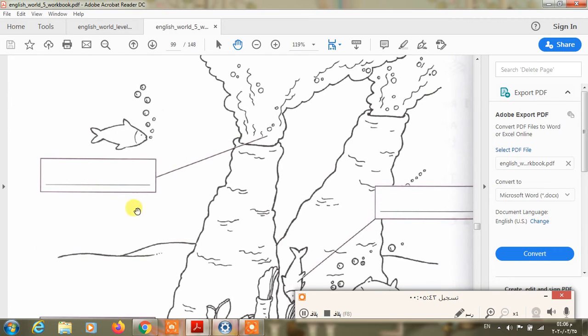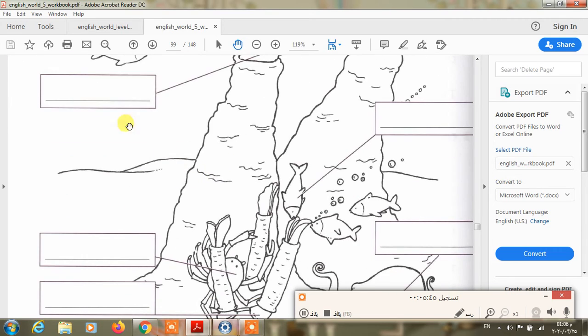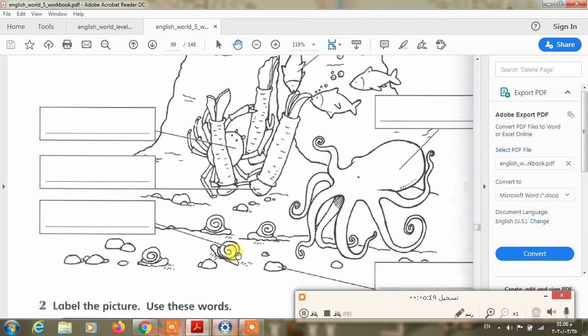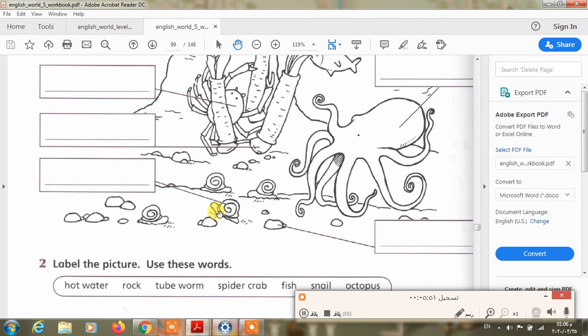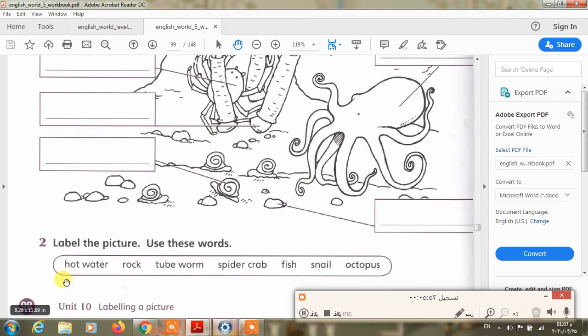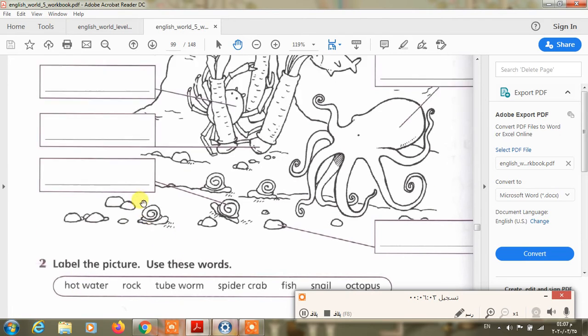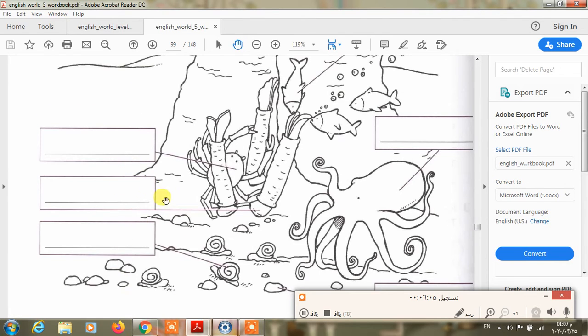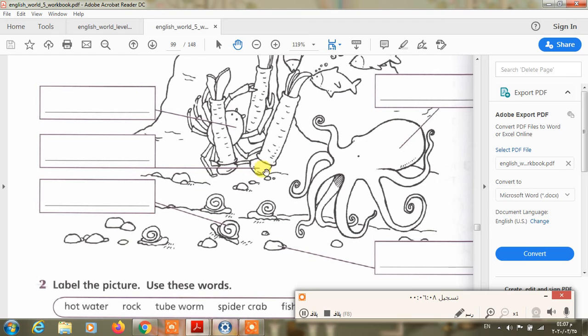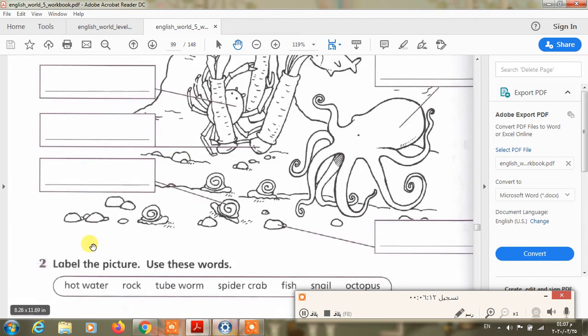I will write about the chimney and I have labels, arrows to refer to these creatures: hot water, rock, tube worm, spider crab, fish, snail and octopus. We will write these words in these places. What do you think? This, for example, is the tube worm.